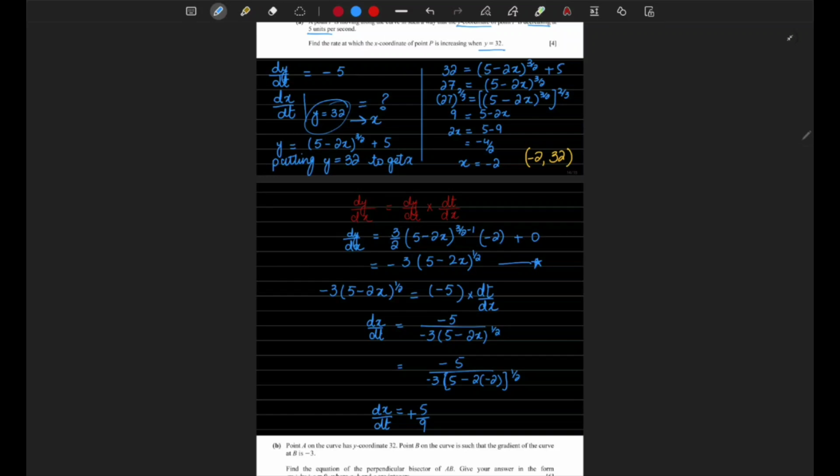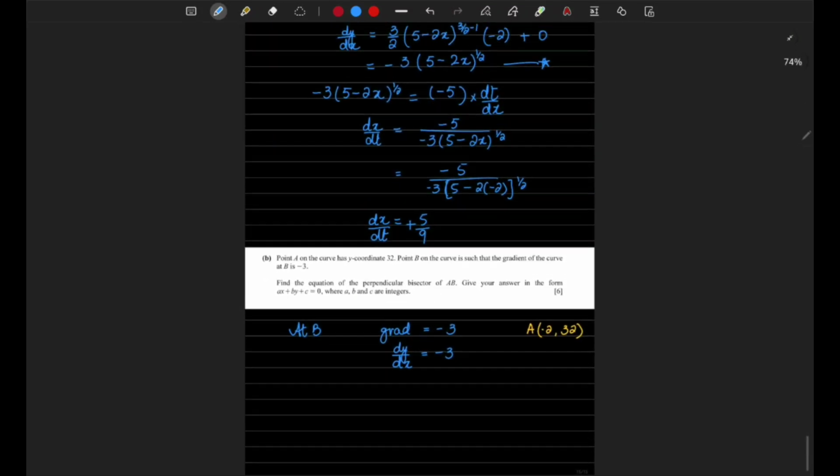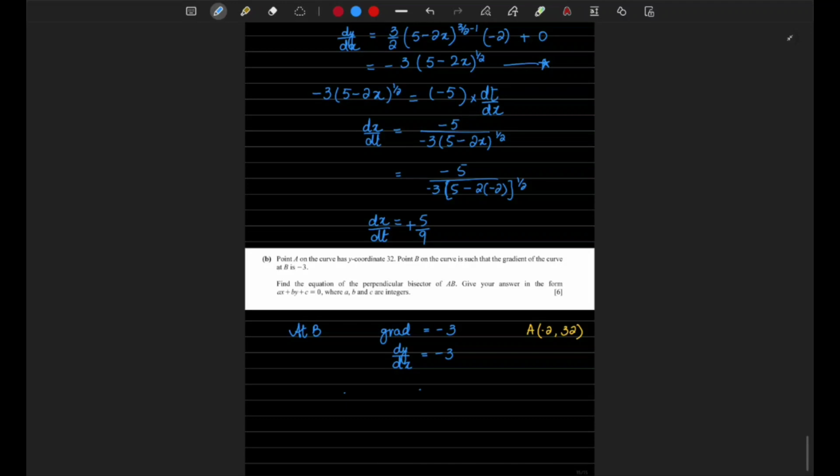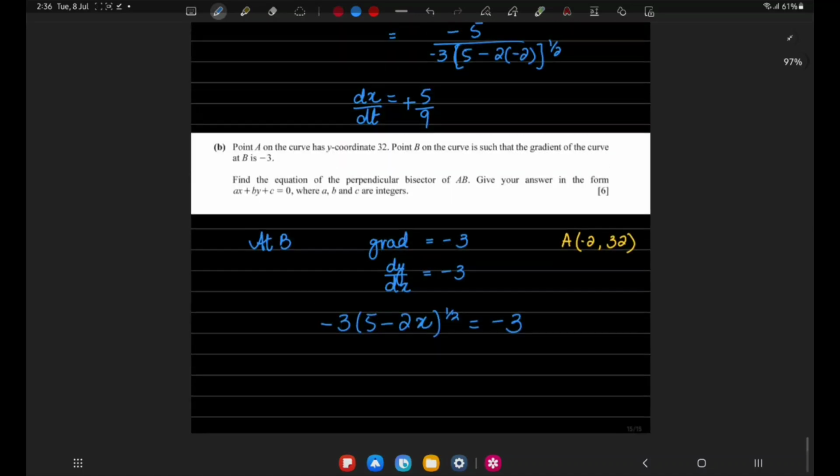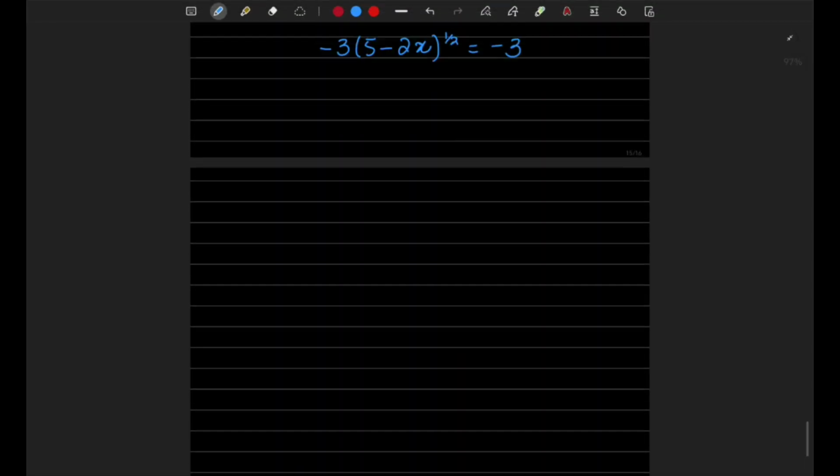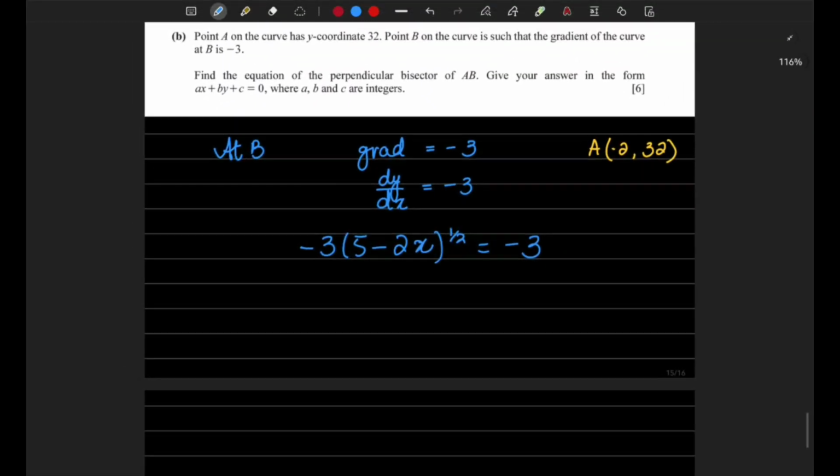This was -3 times 5 minus 2x to the power half. So -3 times 5 minus 2x to the power half equals -3. So what we can do from here, we can get the x and y values for point B.